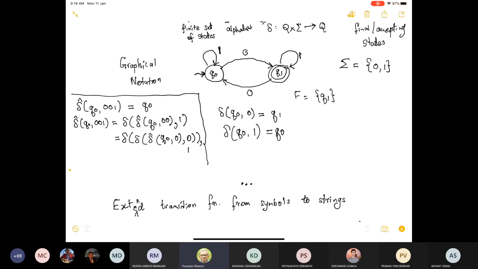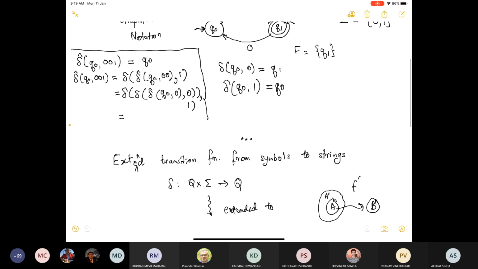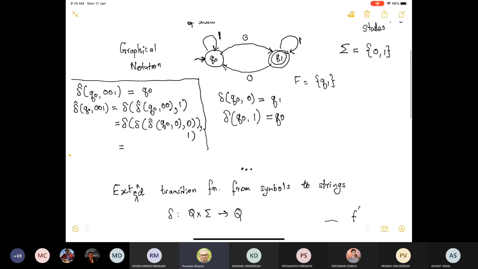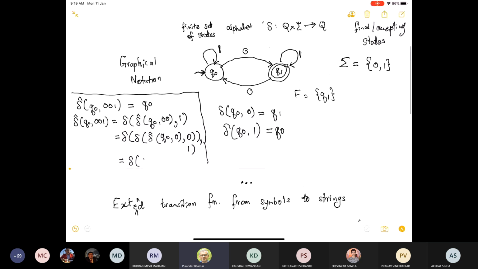And so on. You can go on unwinding until you get epsilon. And then the next step would be delta, delta, delta. So I've got 3 deltas, then delta hat, Q naught, epsilon.